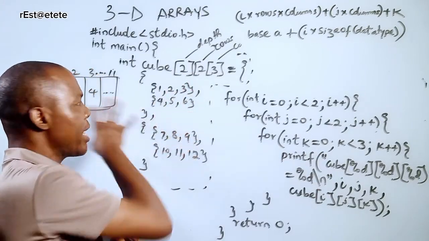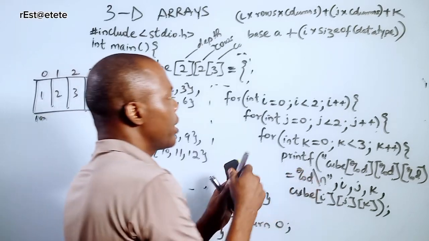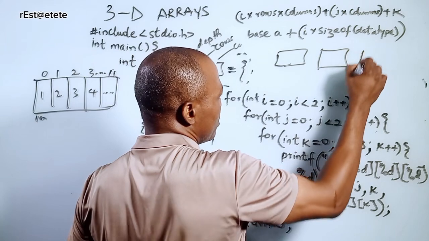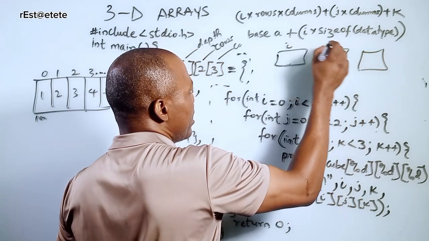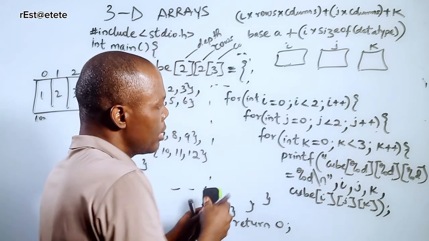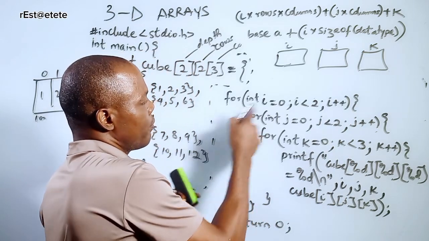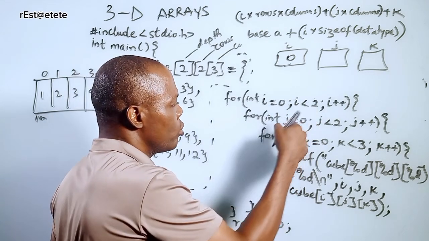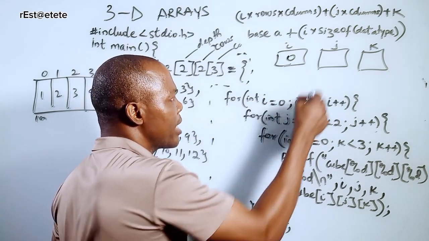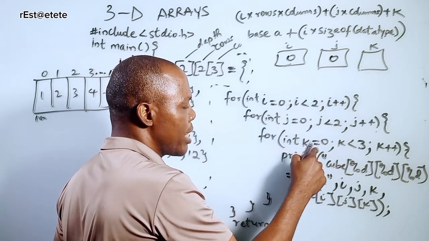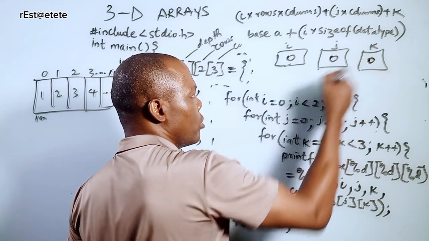This has been created and has been assigned to this. So now we have 3 boxes. This is i, this is j, and then this is k. At this point, for i, you assign 0, i less than 2, that is true, you come in. You encounter this, you assign 0 to j. j less than 2, that is true, you come in. You encounter this, you assign 0 to k.